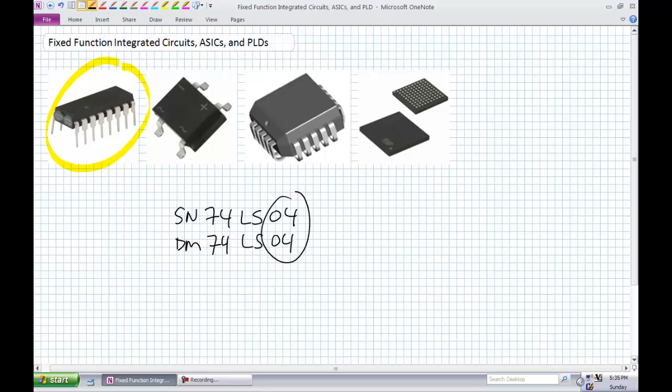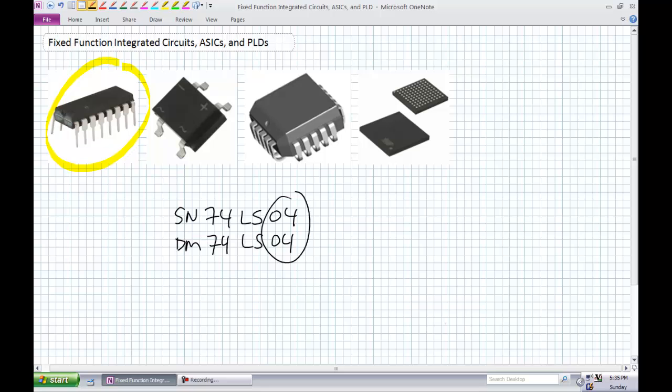This is really kind of the function. The SN and the DM, those are different manufacturers, Motorola and Fairchild specifically, I think. Texas Instruments is another manufacturer. 74, it's the series. The 54 is the military, it's radiation hardened ceramic case, I think. 74 is kind of the commercial grade.